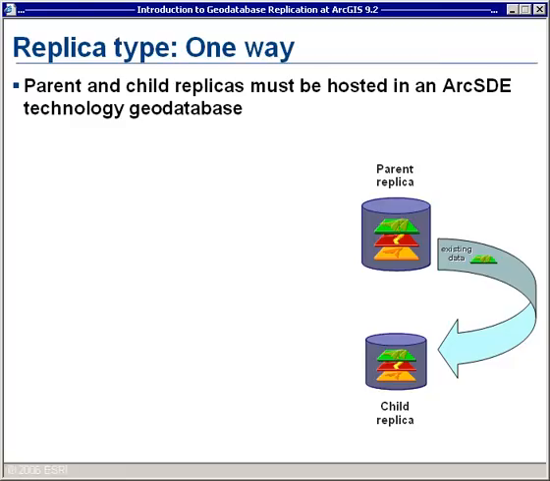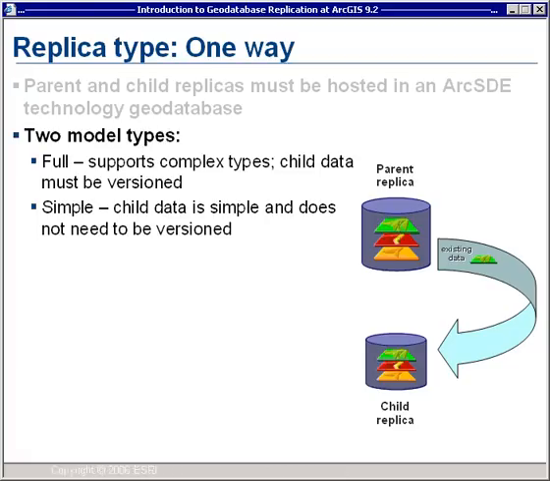Our next replica type is one-way replication. One-way replication is used in situations where you want to send changes from the parent to the child replica only. For one-way replicas, both the parent and the child must be hosted in an ArcSDE geodatabase. One-way replication supports 2 model types, both full and simple.